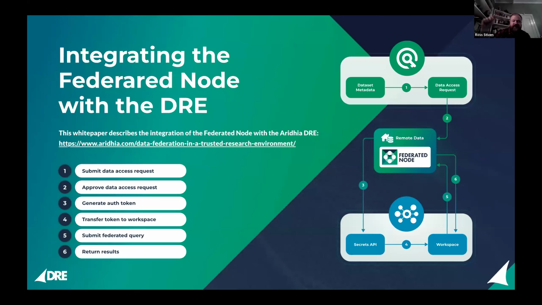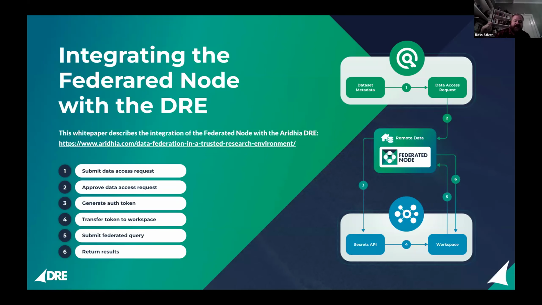We can create a record for that in our metadata catalog FAIR. The data owner can actually self-serve the connection to the federated node. So if they have the appropriate credentials, they can just say, this is a federated data set and here is its location. And at that point, a user is able to submit a data access request, which will be fully audited through our DAR process for access to the federated data.